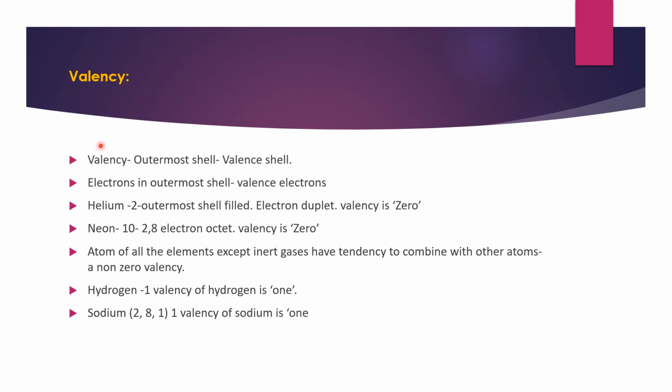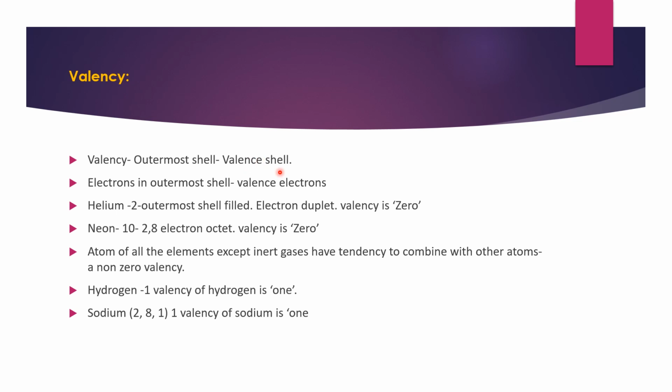The valency, what is valency? Valency is the concept. The topic of this video itself is valency and electron configuration. So what is valency? Valency is a term related to the outermost shell. Why the outermost shell? We'll get to know why. For now, just remember the outermost shell is always called the valence shell.